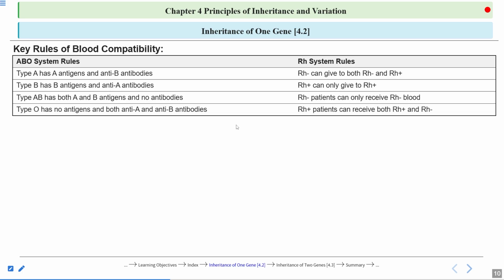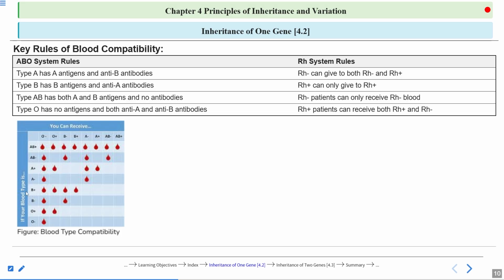Clear? So now you can see in this table who can receive blood and who can donate blood. If your blood type is this, this is from whom you can receive blood. So an AB positive person can receive blood from all of these.